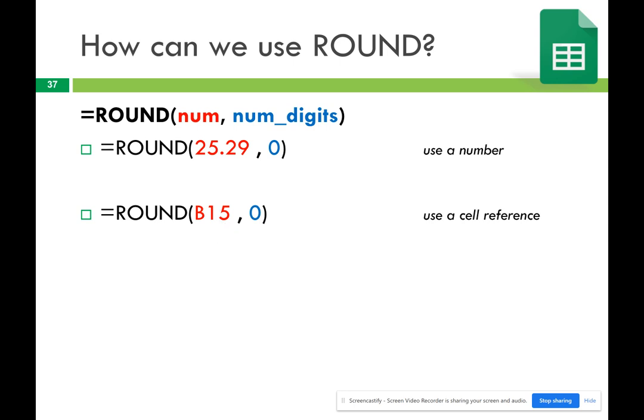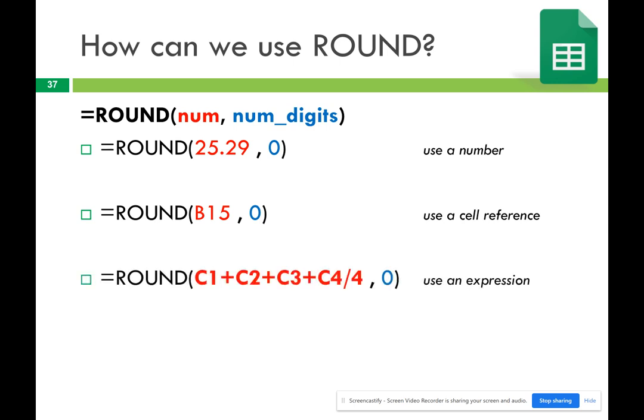But here's where we can actually start to use the round function in a little bit more complicated way. Basically, anything that could be expressed as a number can be put in as that first argument. A number itself, or a cell reference, or here we can actually use a little equation, or a complicated equation if you want. What the spreadsheet will do is actually first go ahead and evaluate this statement.